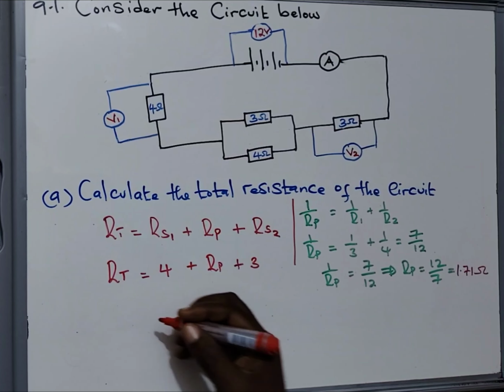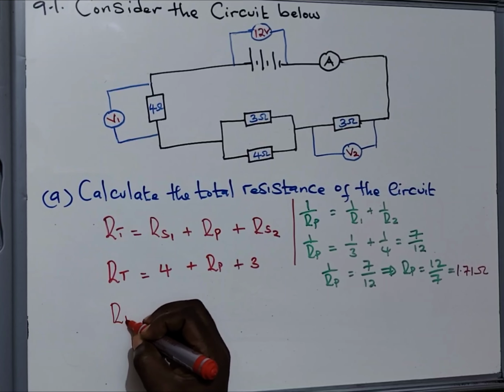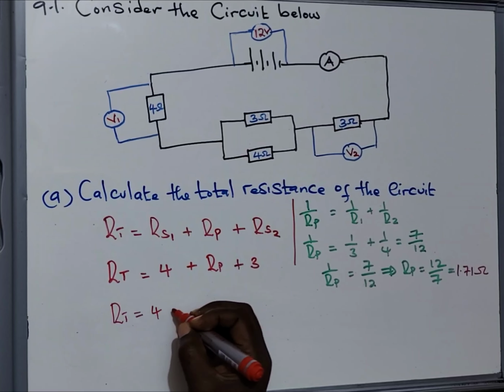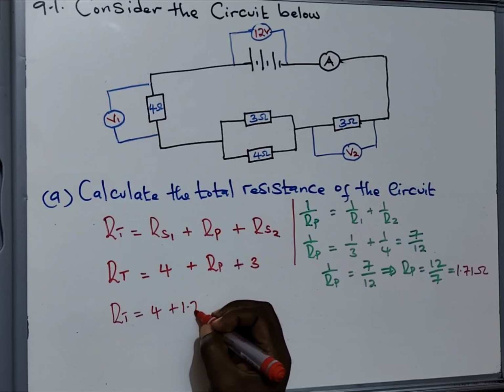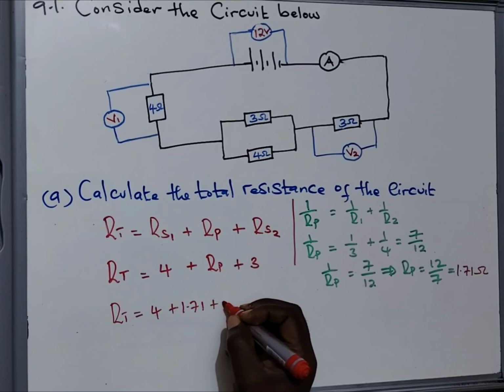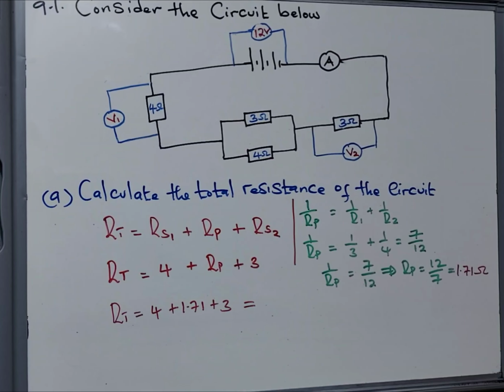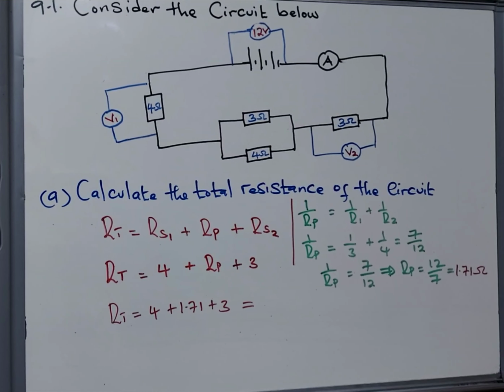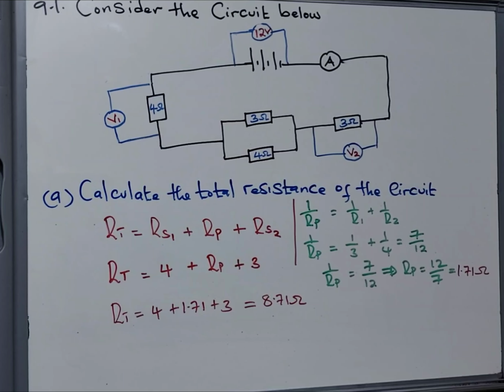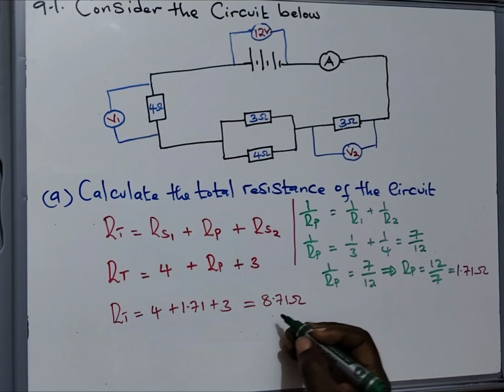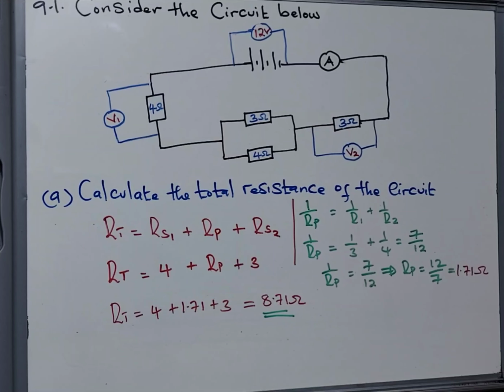So we can now substitute in here, and we say RT is equal to 4 plus 1.71 plus 3, giving you 8.71 ohm.